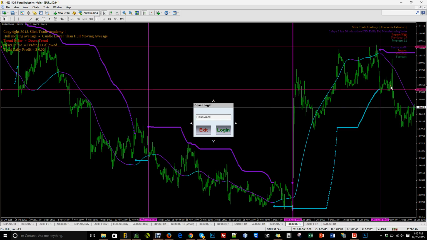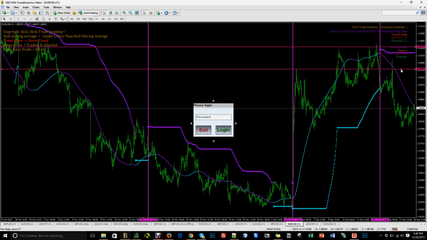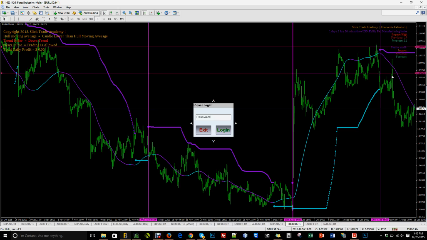If you don't mind it going against you for a couple days, okay, then that's okay. Go ahead and let it do that. But I would personally rather wait until it comes back up to that Hall Moving Average, then enter the sell, or when it comes near it even, maybe on that candle, okay, and only have it go a little against me, and then have it give me the full potential profit, okay?